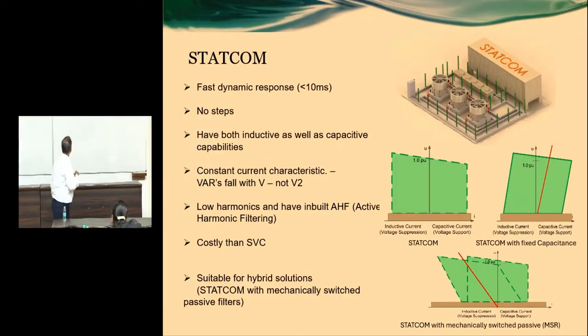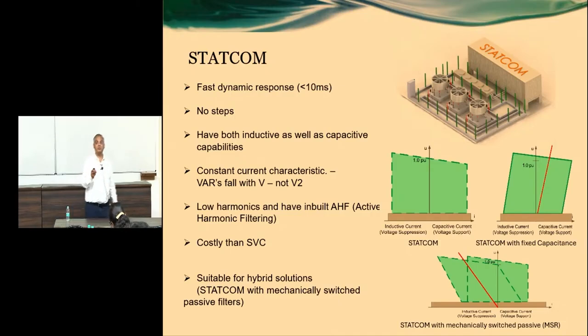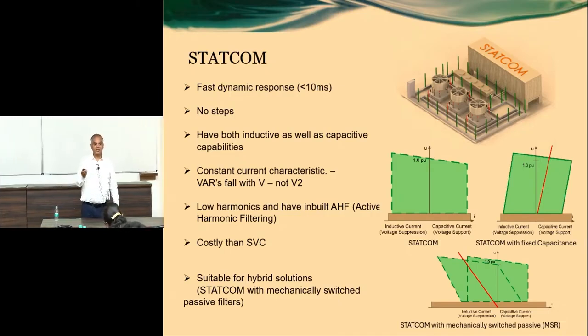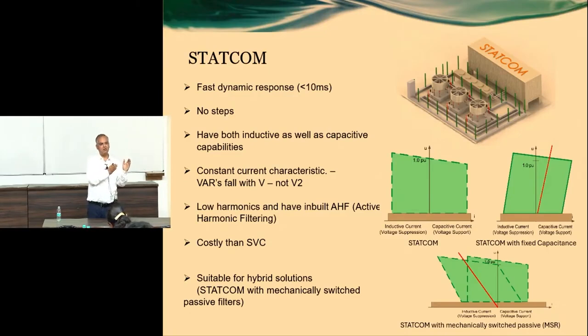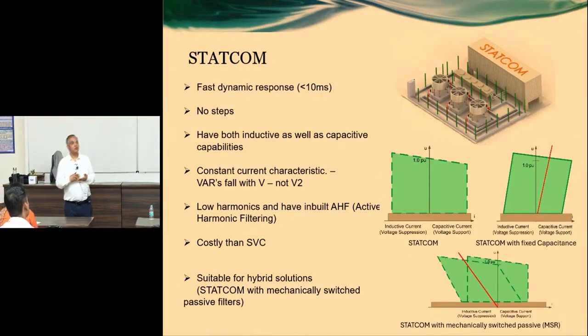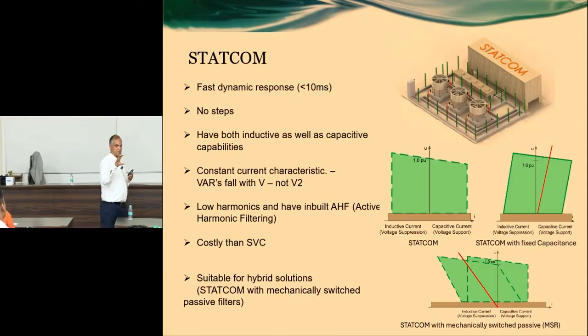Further, if they are integrated with mechanically switched capacitors or mechanically switched reactors, meaning a hybrid system, certain level of harmonics can be compensated by the STATCOM and certain level can be compensated by the mechanically switched devices, not only harmonics but reactive power also. They can be compensated by the hybrid system to reduce the cost of power electronics.